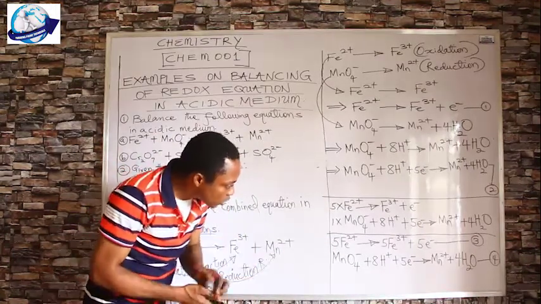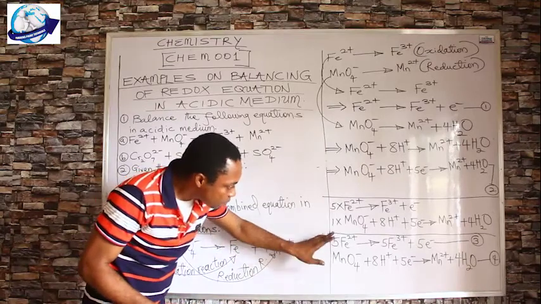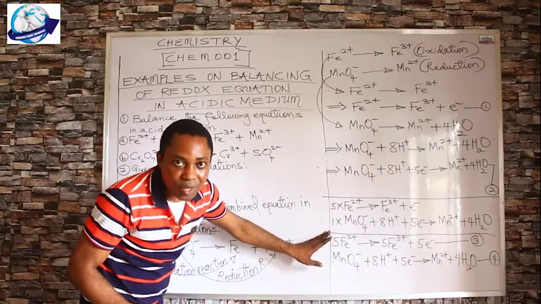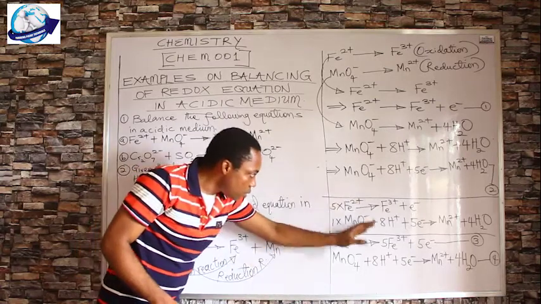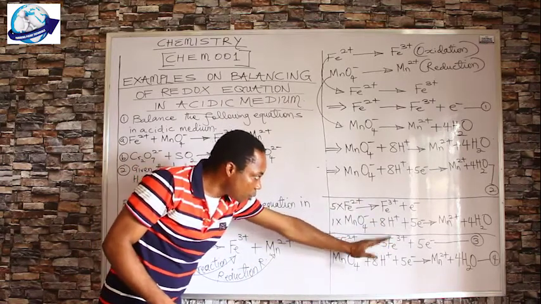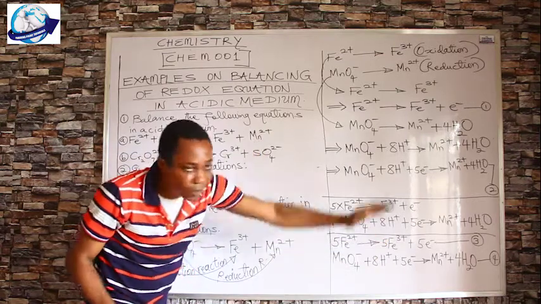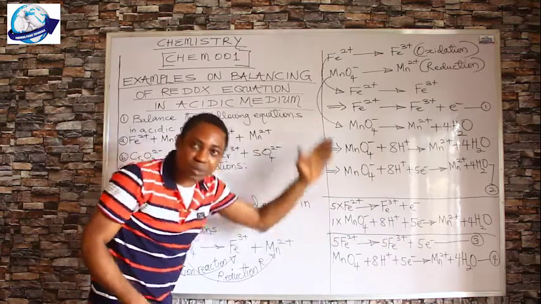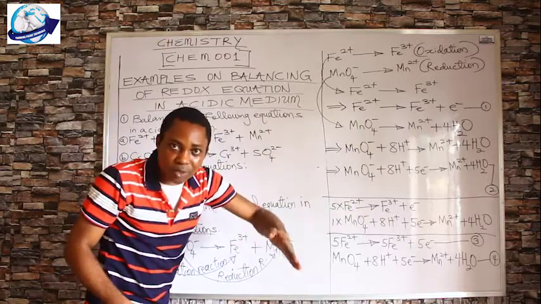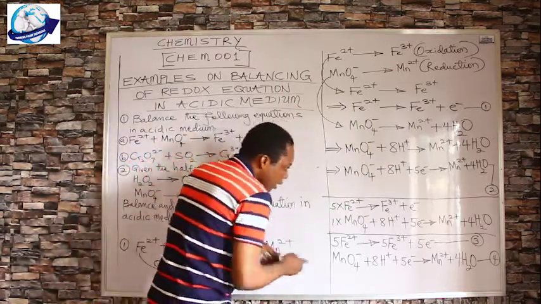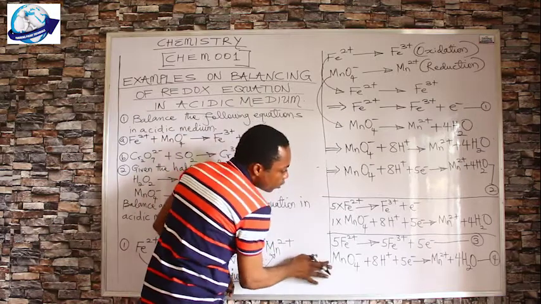Then what you're going to do at this stage is to add the reactant of equation 3 to the reactant of equation 4. Then yielding, then you add the product of equation 3 to the product of equation 4. So that means you are saying reactant plus reactant, yielding products plus products. Then what we now have at the end of the day will be a longer equation.